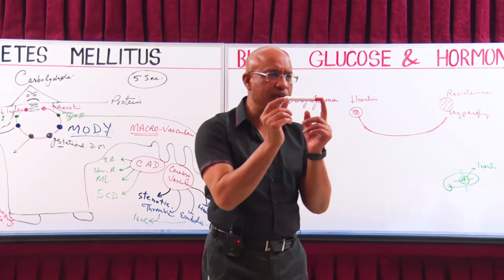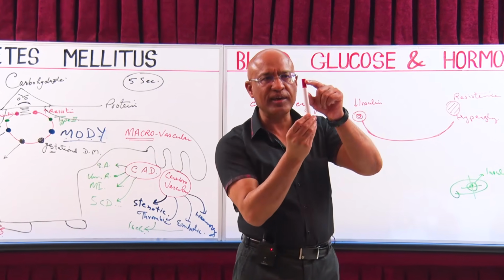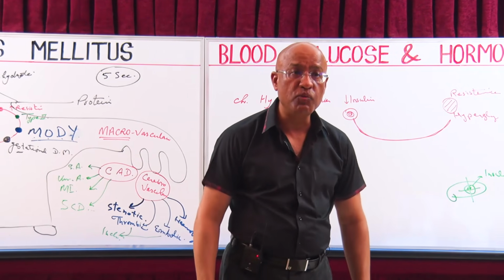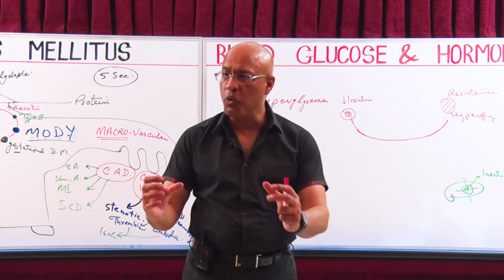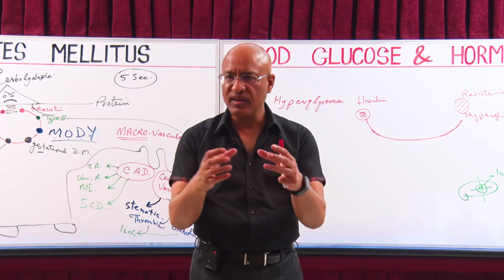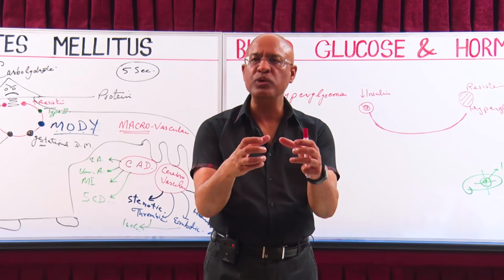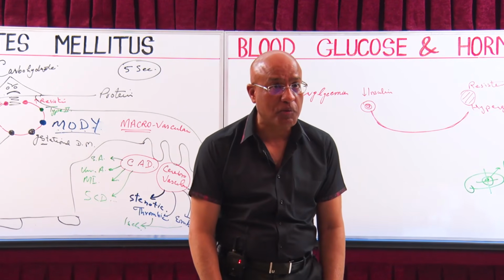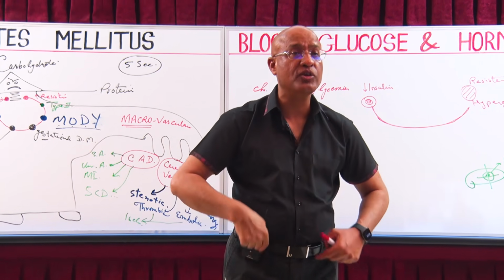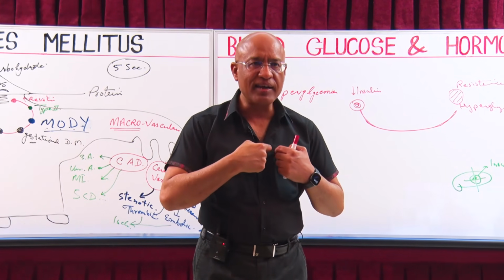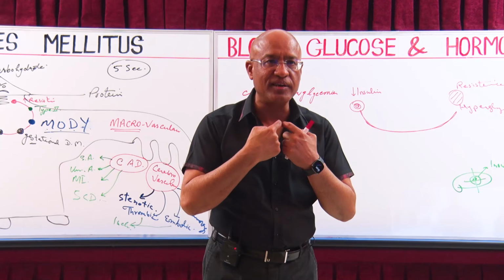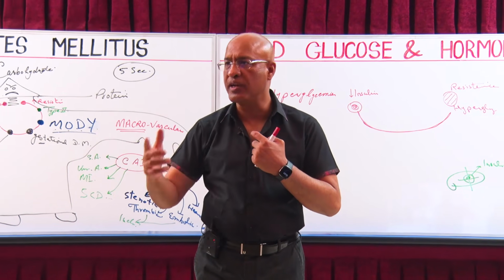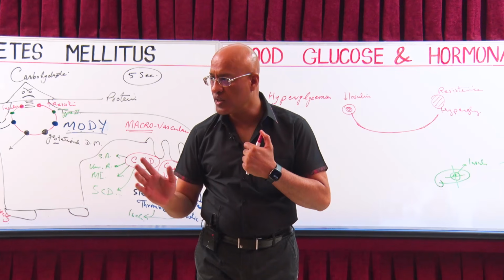Because whenever you change your position from lying down to standing up, there is a burst of sympathetic activity to the vessels in the lower part of the body, and they constrict and squeeze the blood so that it does not pool, and there is appropriate return to the heart, and cardiac output is reasonably maintained so that you don't develop vertigo or blackouts or complications like this. You are understanding?